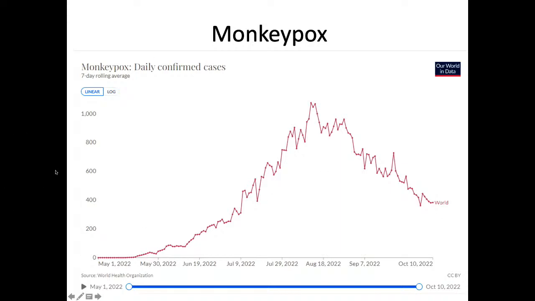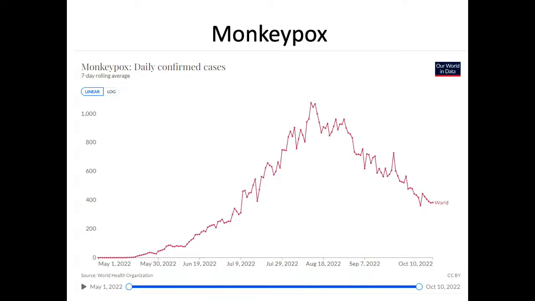And this is what I was checking yesterday, the new data: the cases are decreasing. It started in May, reached the peak in August, and now cases are declining.